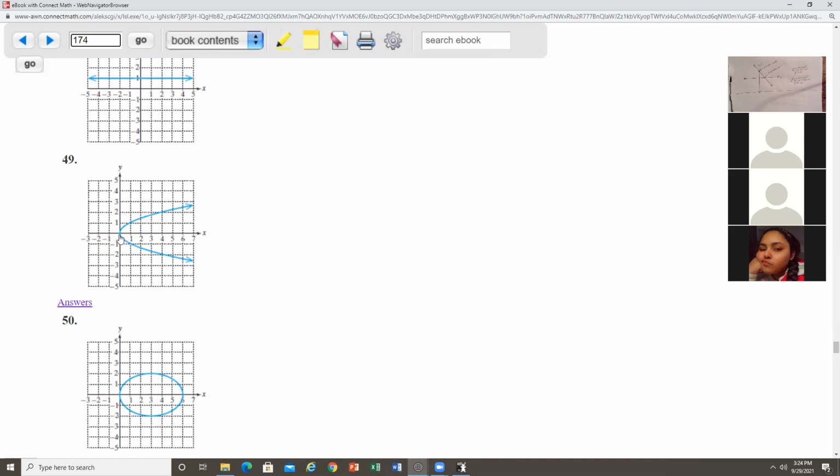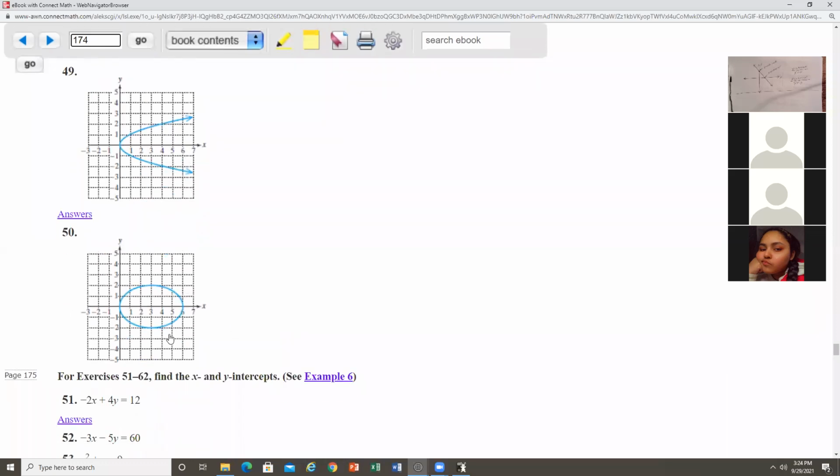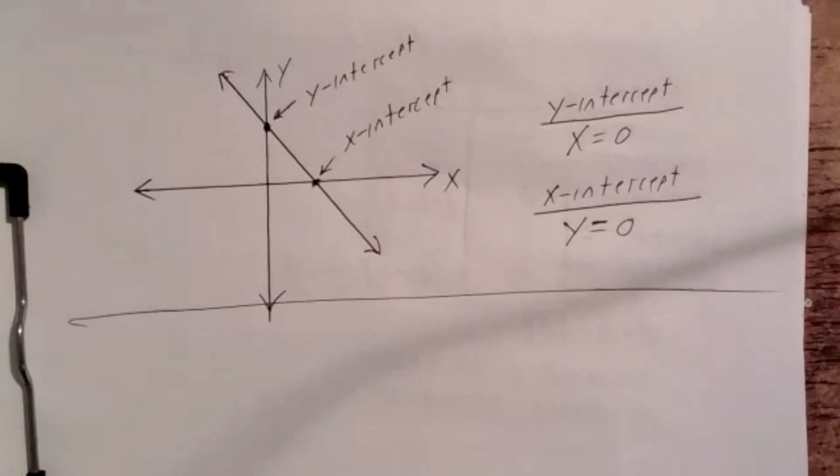Also (0, 0). What would be the x-intercepts of this ellipse here, number 50? 0 and 6, so (0, 0) and (6, 0), do you agree, would be the two x-intercepts. What would be the y-intercept? The origin, (0, 0).